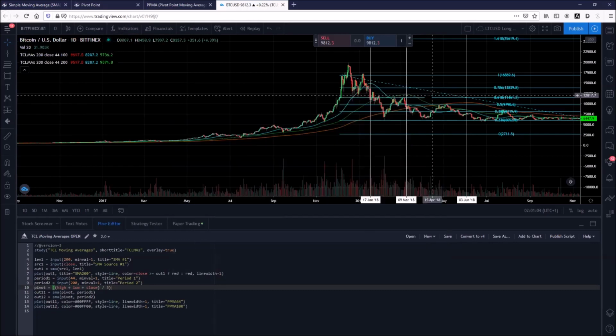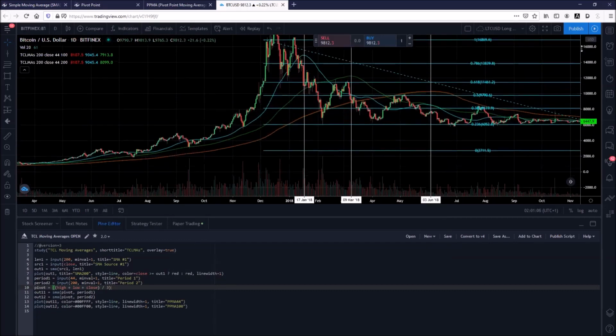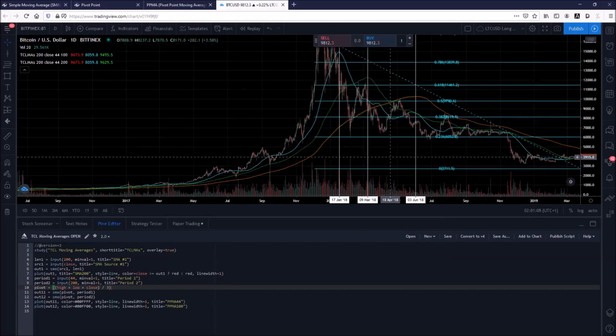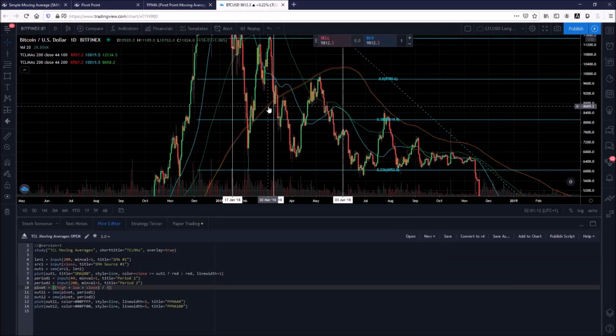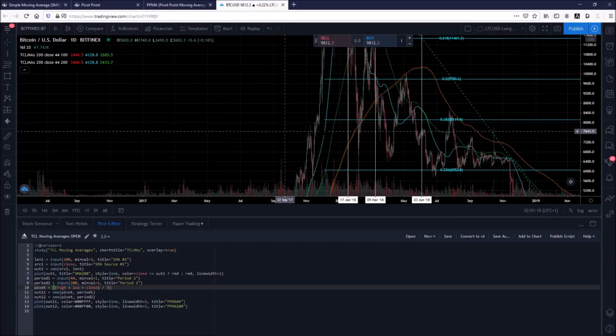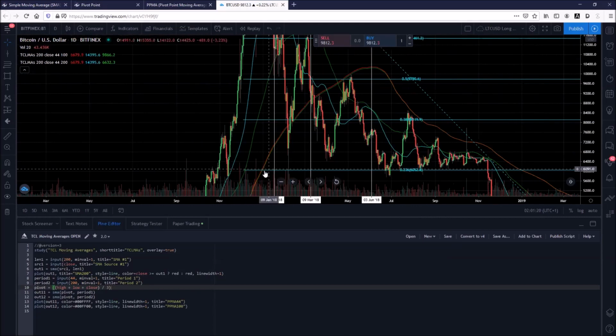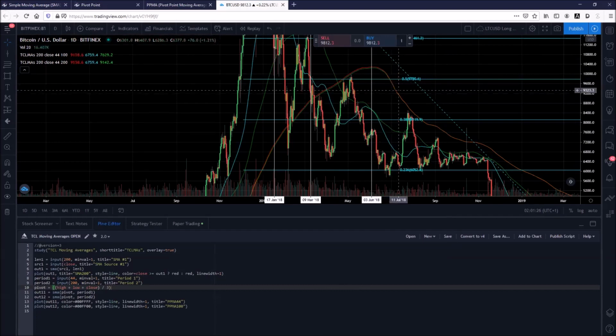It may not have picked it up. I may need to go in and save it differently. Oh, no, you could see a little. Look at that. Can you see the difference? My pivot point moving average is peaking out just alongside of it, and then it comes back in and follows.